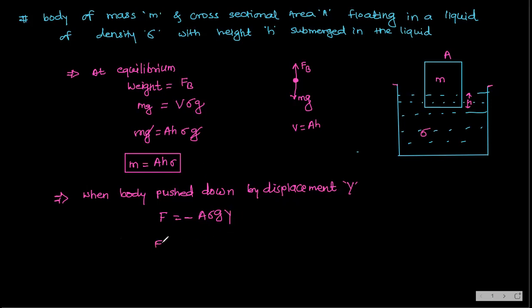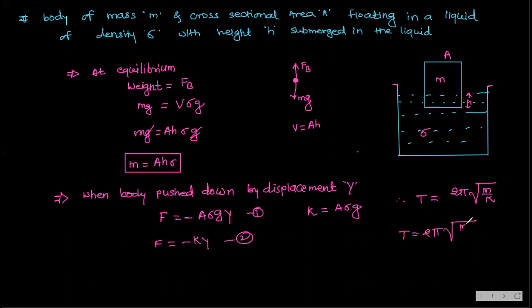Now let's use this formula. F is equal to minus ky. This is first equation. This is second equation. From this you are getting k is equal to A sigma g, and therefore in this case time period T is equal to 2 pi under root m by k. Now substitute the values. So in this case, you are getting time period 2 pi under root m by A sigma g.